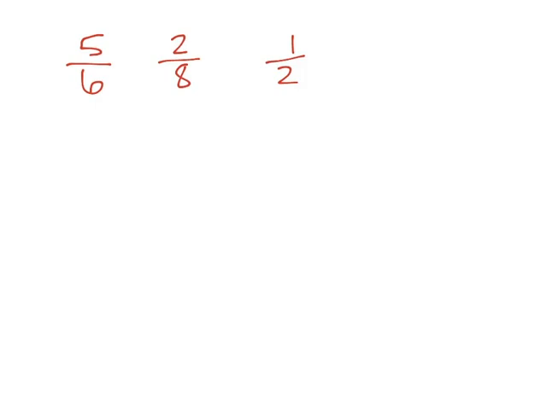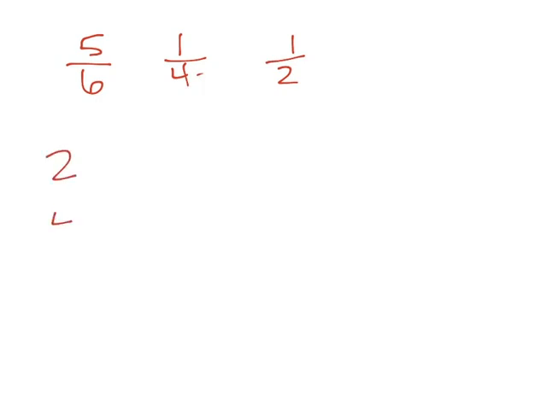So something that I can do is look at these and think, okay, can any of these fractions be simplified? 5/6 cannot be simplified, and 1/2 can't, but 2/8 can. If I divide by 2, then 2 divided by 2 is 1, and 8 divided by 2 is 4. So 2/8 can now become 1/4, and I need to find a least common multiple for these.